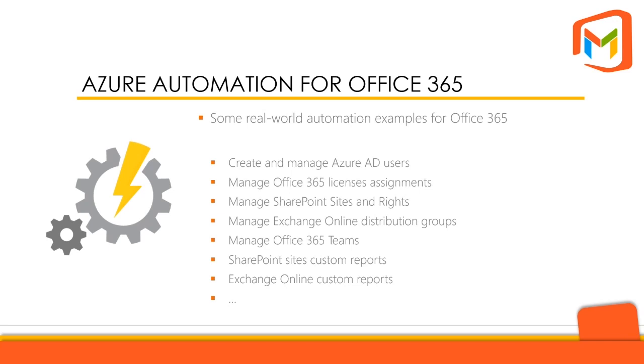You can have reports on your SharePoint site storage consumption, or some custom reports on your Exchange Online environment. You will see in a few minutes in my demonstration that I will use the license assignment automation, and I will use the Exchange Online distribution group membership automation through some SharePoint Online lists.